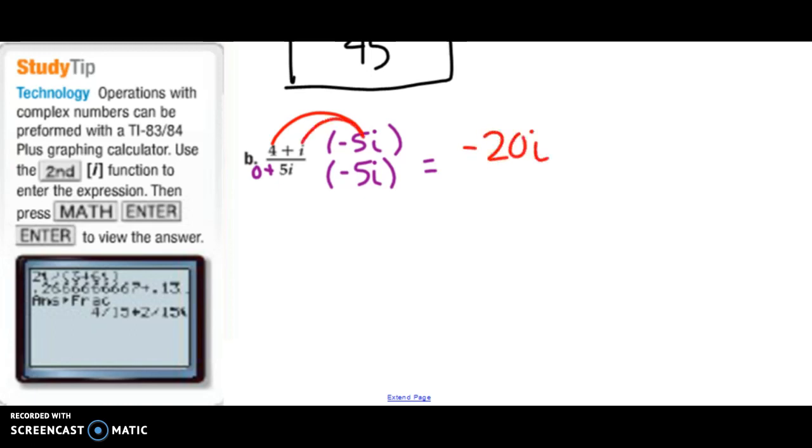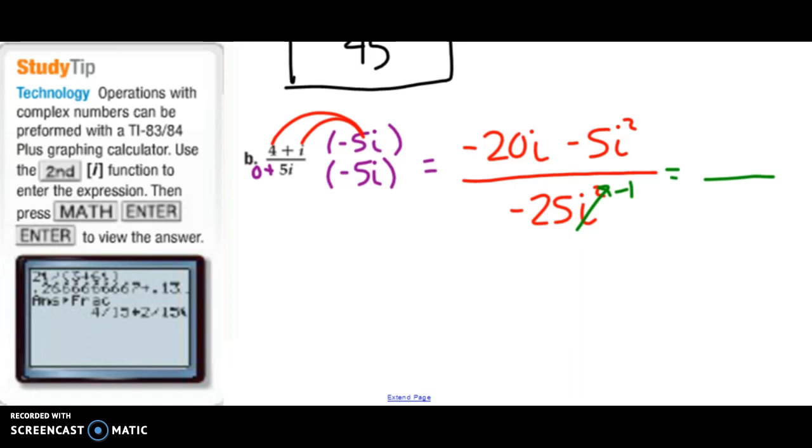And then i times negative 5i is going to be negative 5i squared. Now on the bottom, 5i times negative 5i is going to be negative 25i squared. Remember that i squared is really negative 1. So negative 25 times negative 1 is just going to be a positive 25. And up here, i squared is really negative 1, so negative 5 times negative 1 is a positive 5, minus 20i.